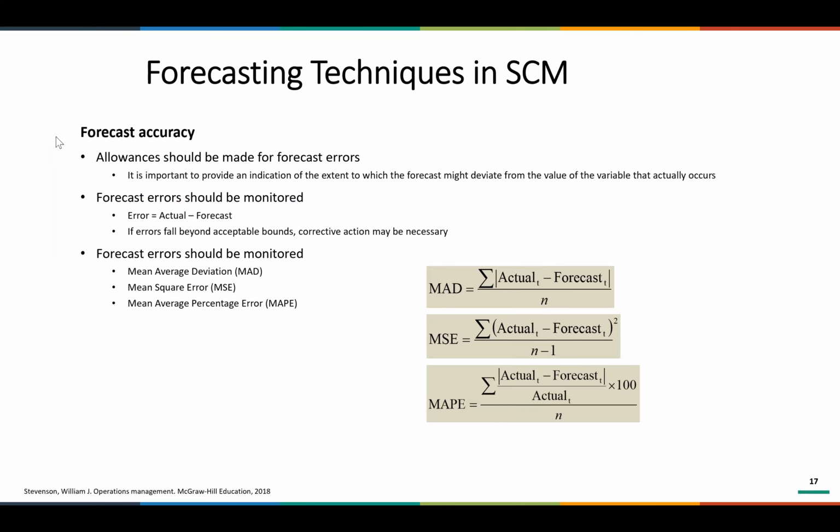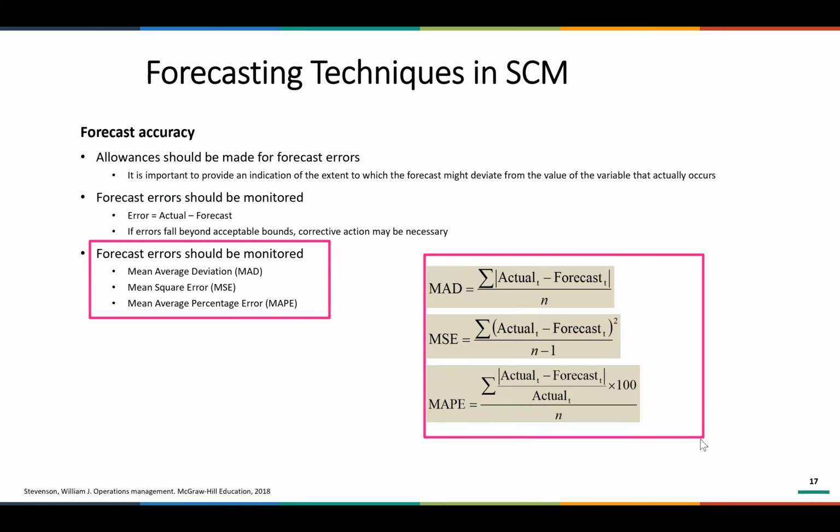Most likely we are going to find the forecasting technique or approach that has the least forecast error. There are several measurements that can be used, and the formulas are here: mean absolute deviation, mean squared error, and mean absolute percentage error. The formula is this one.